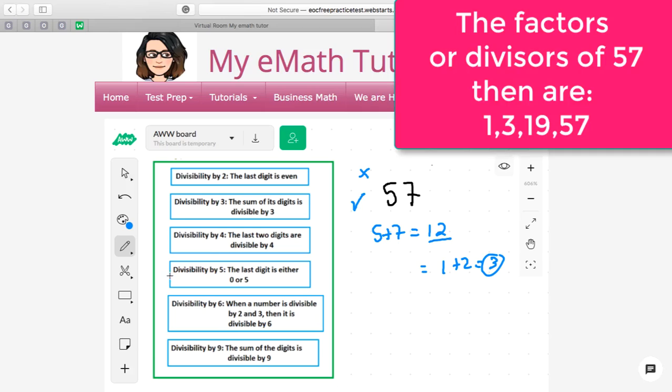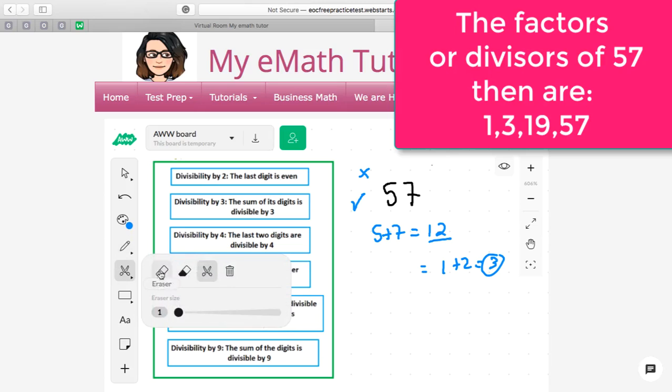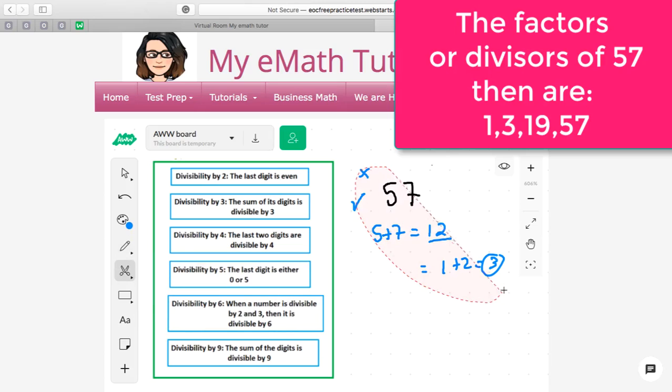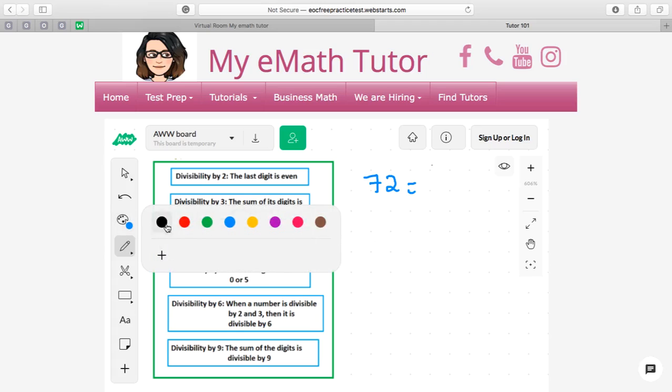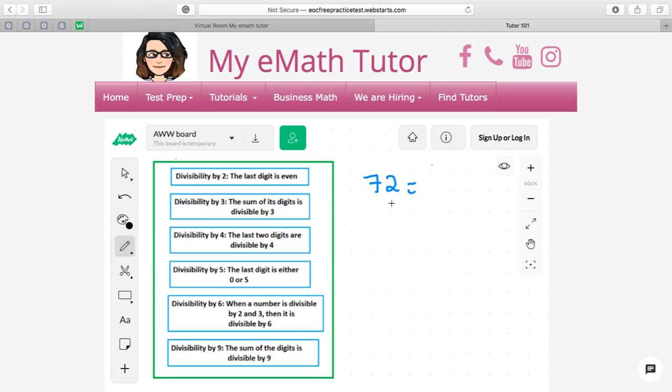So now you kind of have an idea why this is so important, because now let's figure out the prime factorization of a number using the divisibility rule. So let's say that you have, for example, I'm just going to make a number up. Let's say that you have 72 and you want to break down this number into prime factorization.